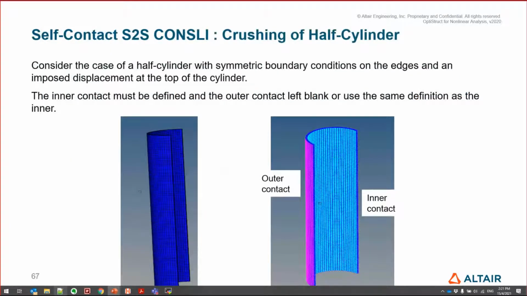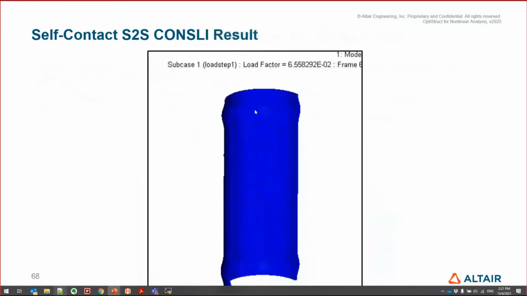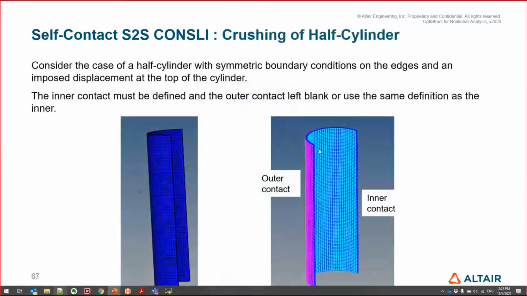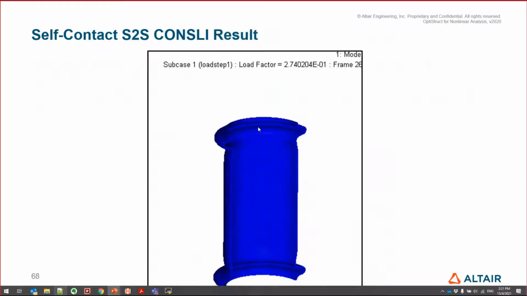So here's an example of self contact where actually this is crushing down. So you see this crush here, right? If you want self contact, because the inner surface here is one contact surface, the outer is one contact surface, and as it crumbles, it has the possibility to contact with the bottom part or with another layer.